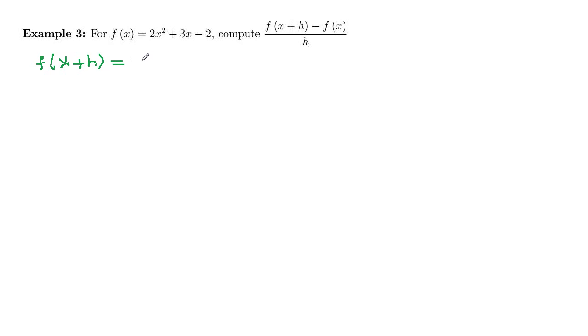So what we're going to do is rewrite this function equation with empty parentheses where there's an x. So instead of x, I've got 2 times parentheses squared plus 3 times parentheses and then minus 2. And what are we putting in the parentheses? Well, x plus h.